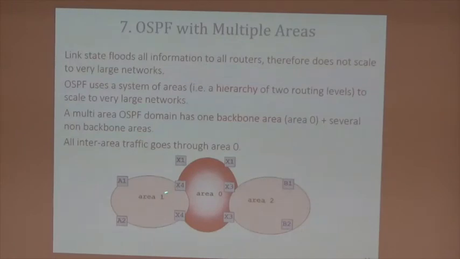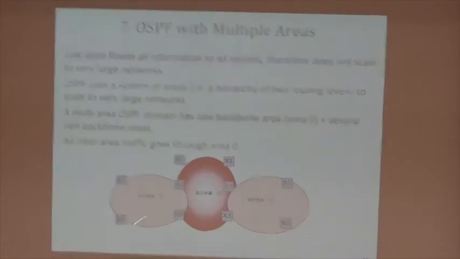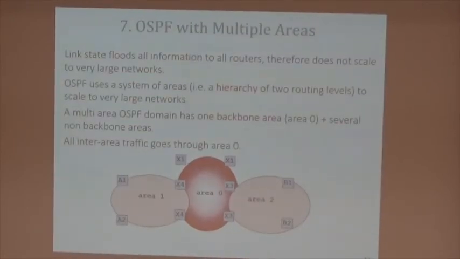The hierarchical domains in OSPF are called areas, and OSPF uses a very simple hierarchical principle where there is one area that must be the backbone, called area 0, and all other areas must be connected to the backbone. So it's a primitive hierarchy.